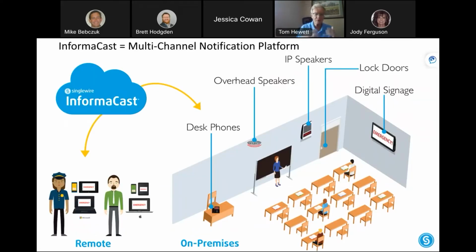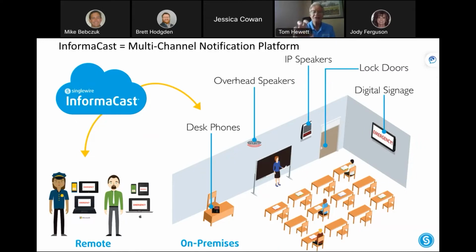InformaCast is a multi-channel notification platform. It's a single piece of software, that you see on the slide, that has the ability to drive out notifications to all of those on-premise devices. A key point, as I said, we're a software company. We don't make hardware.